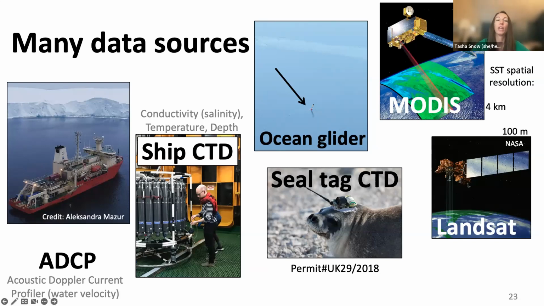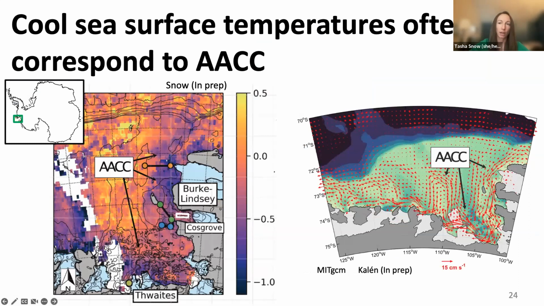And the reason why we think we can use thermal infrared from these satellites is because we can use meltwater potentially as a tracer in many places in Antarctica. So on the left here, I'm showing a map of sea surface temperatures from MODIS, just one month in 2010, to kind of illustrate how this can work.